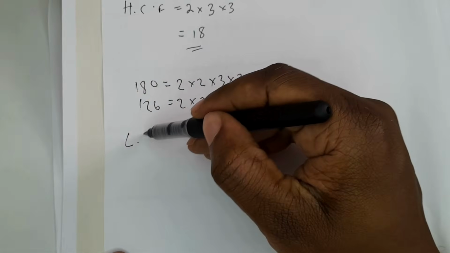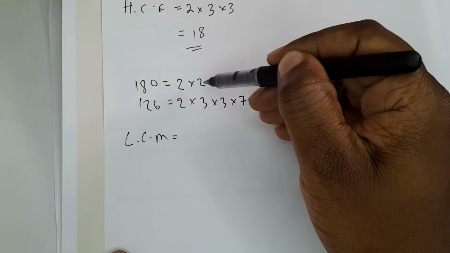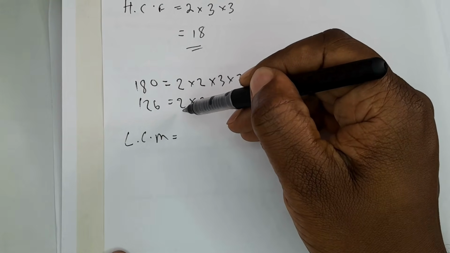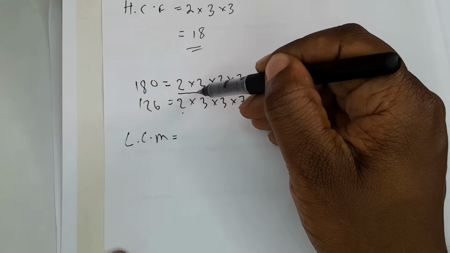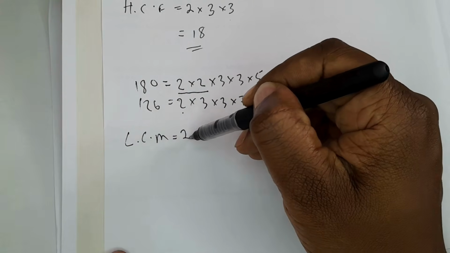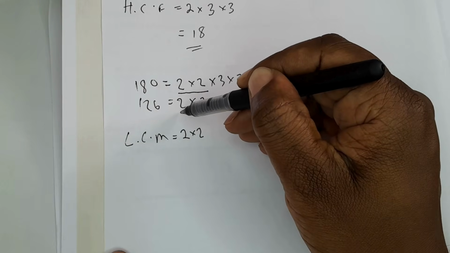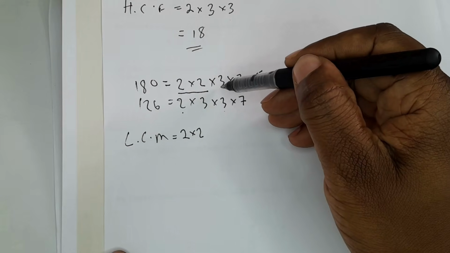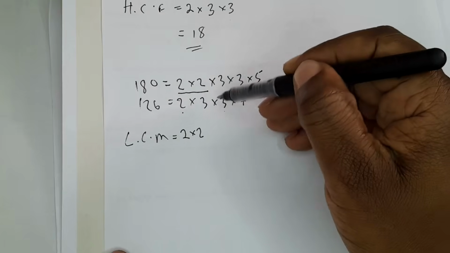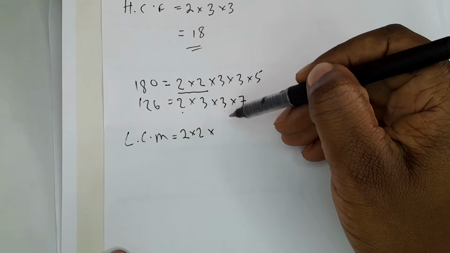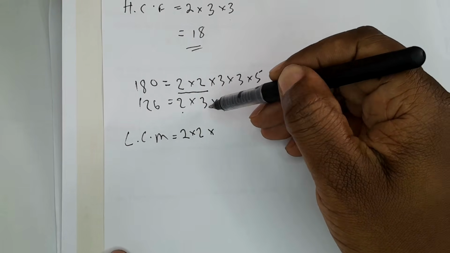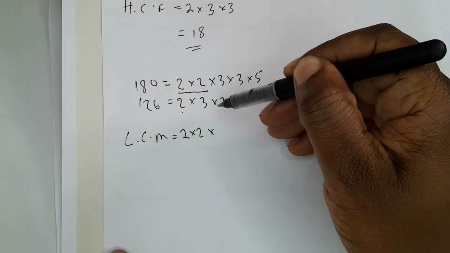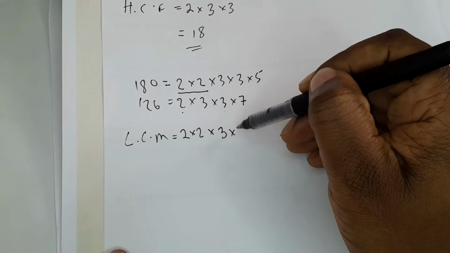When it comes to LCM, remember that we look at the highest possible power that a number has. For instance, here we have 2, yet we have 2 to the power 2 here. So we are going to take 2 to the power 2, or 2 times 2, and leave the one with the shorter breadth. Over here we have 3 to the power 2, and we also have 3 to the power 2. So the highest power for 3 is 3 to the power 2; you can take 3 times 3 here or there, but only one of them.